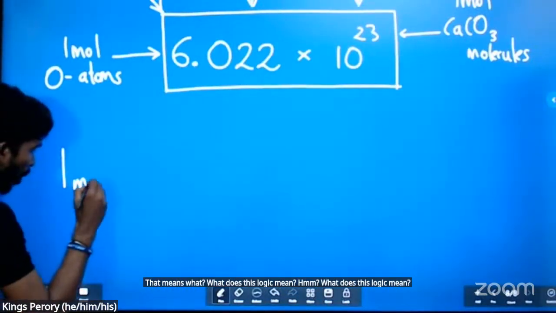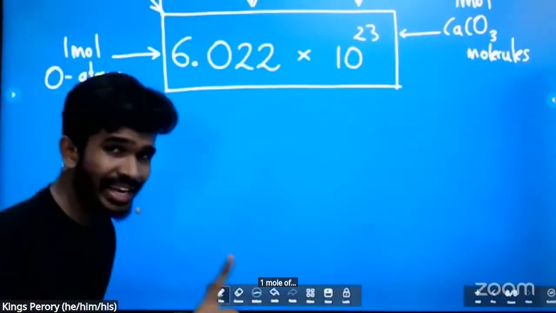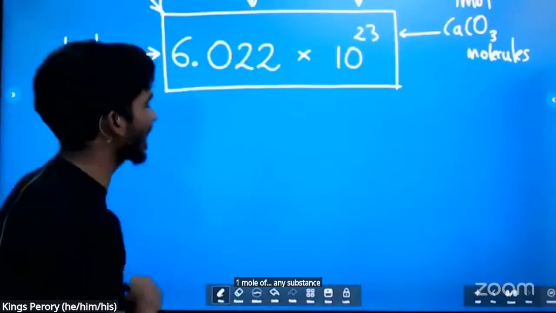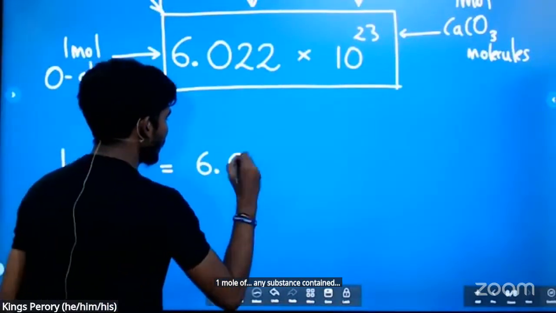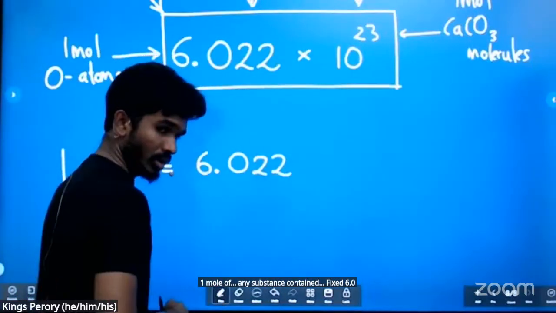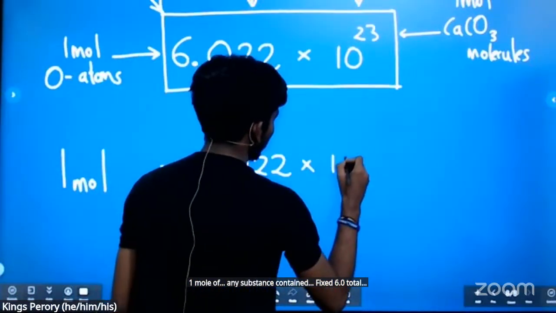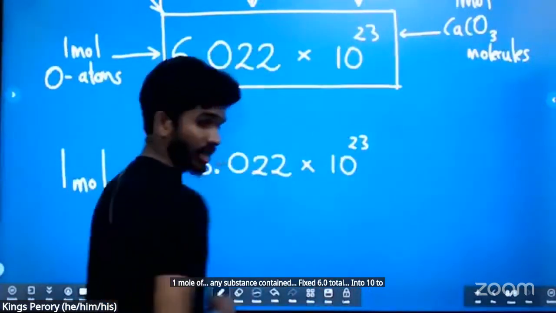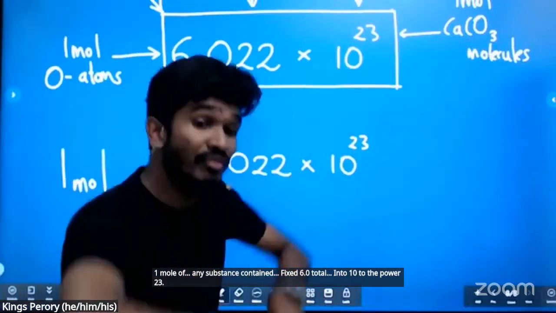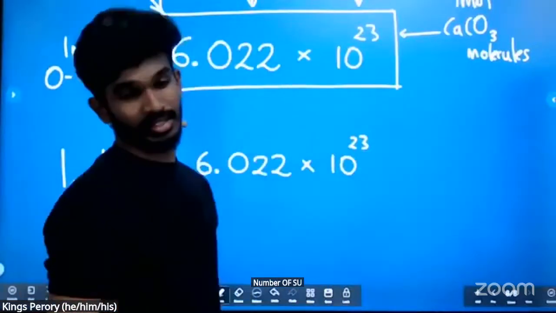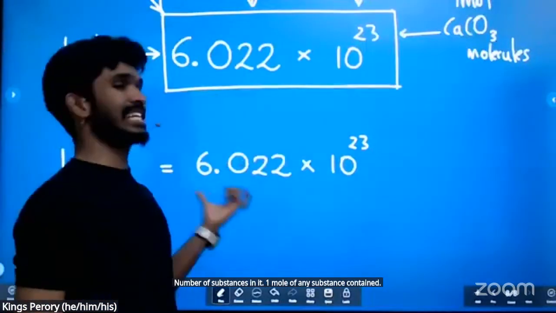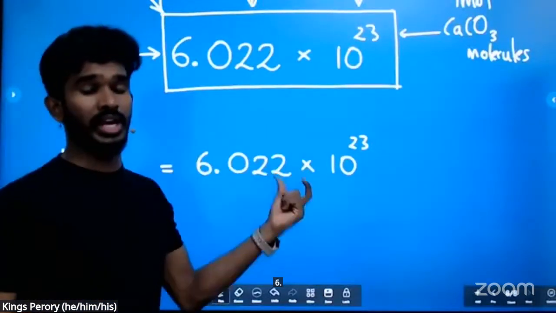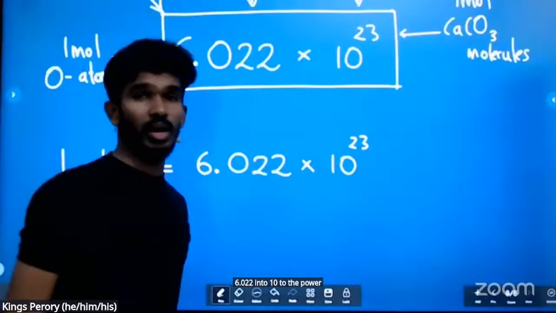1 mole of any substance contains 6.022 into 10 to the power 23 number of particles in it.